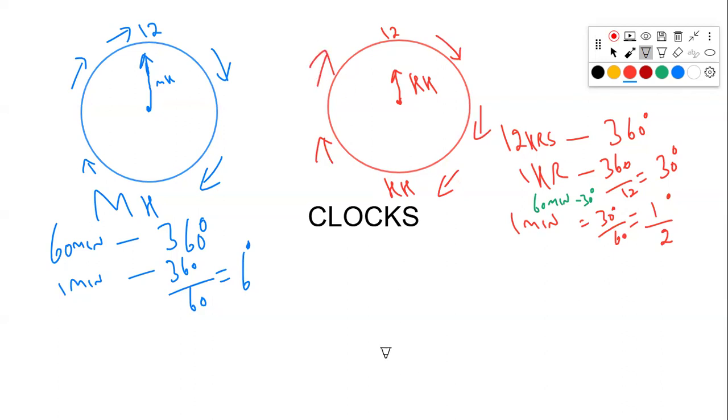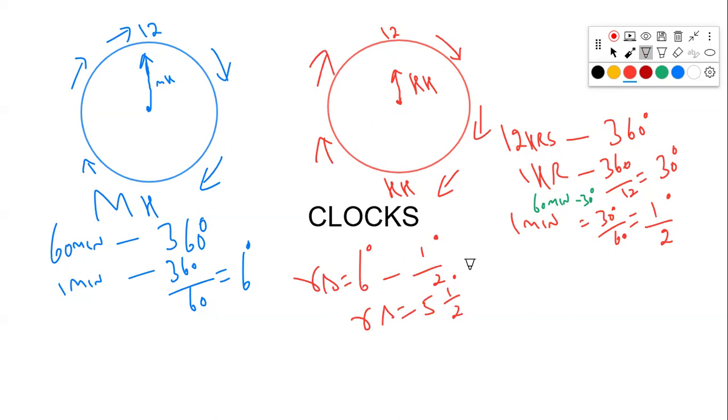Because it is the same direction, we will subtract. 6 degrees minus half a degree: the relative speed between the minute hand and the hour hand is 5.5 degrees.